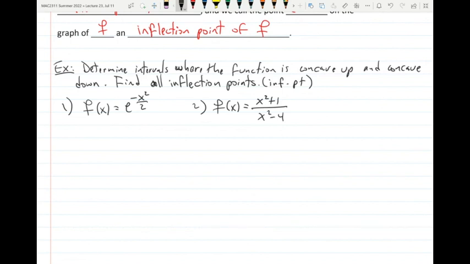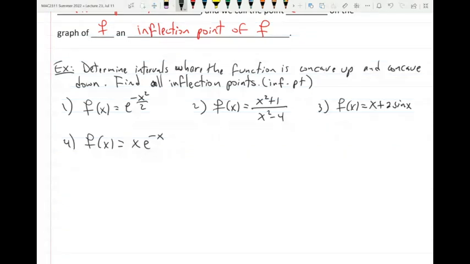And then, okay, so let's do a trigonometric example also. Every example here has a little thing, so I need to do one more. So we do a product rule. Okay, so let's do this.